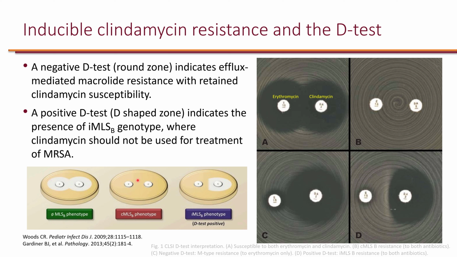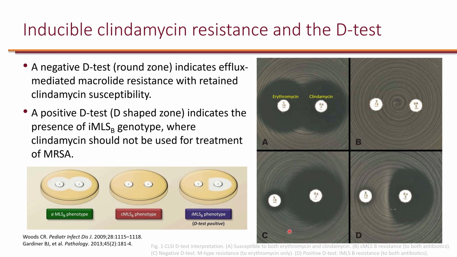Now, if it grows through the disc, that means it didn't care that there were antibiotics here, it was resistant to it, so it actually grew through, it did nothing. Sometimes you may get, so I will use the example over here, panel C, you can see that there is a large zone of inhibition around clindamycin, but it has actually grown close to the disc of erythromycin.